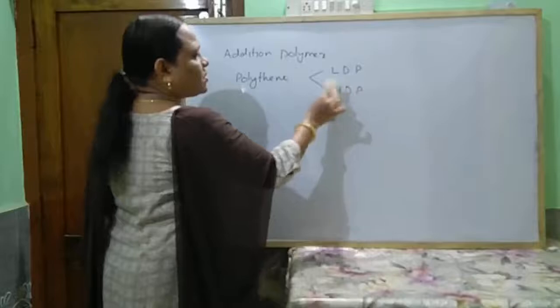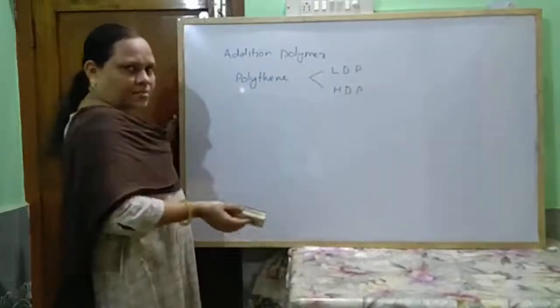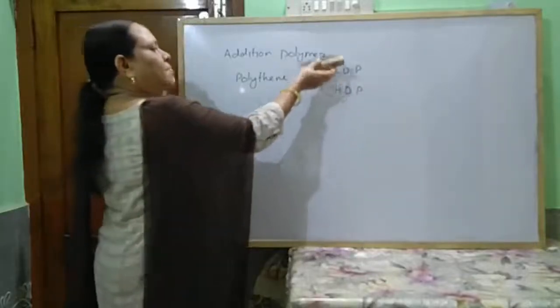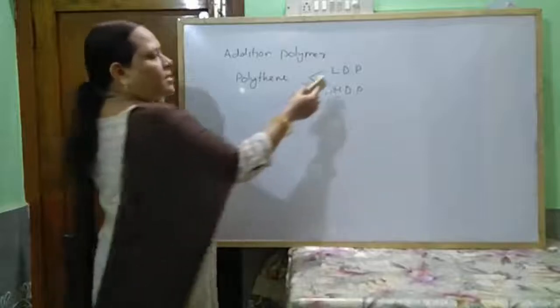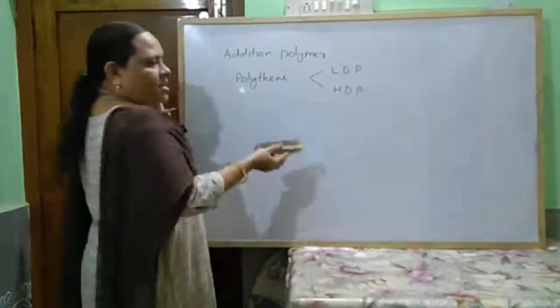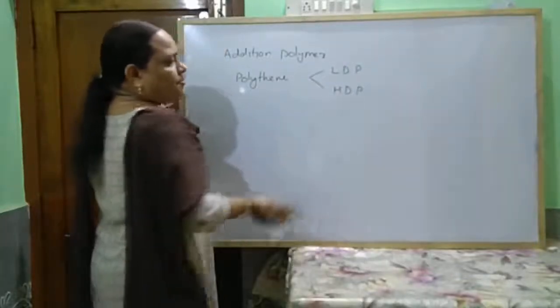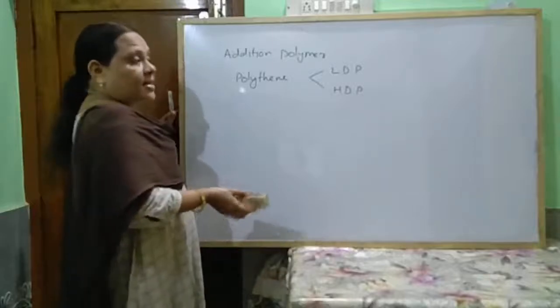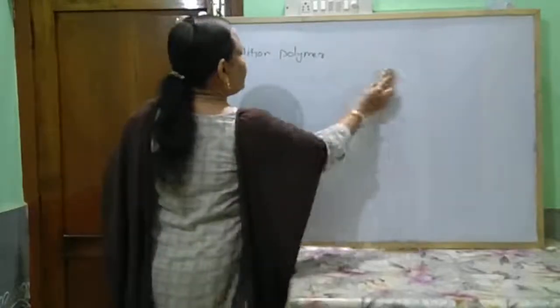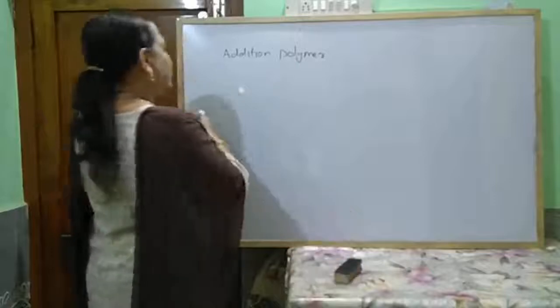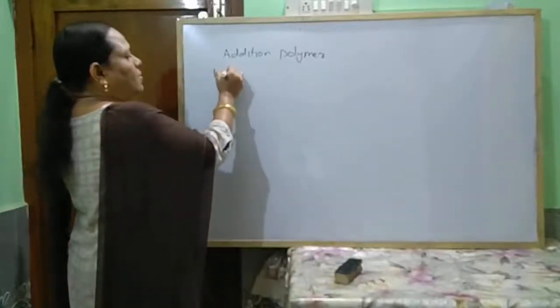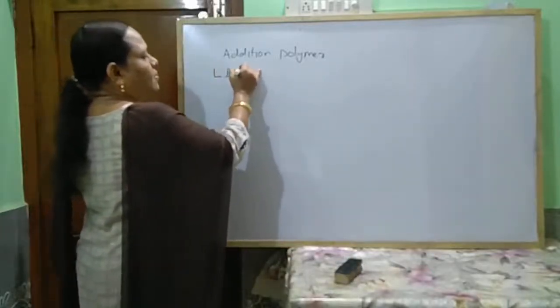This is the only difference. The temperature is almost the same, and here oxygen is used as catalyst, but for high density polythene the Ziegler-Natta catalyst is used.